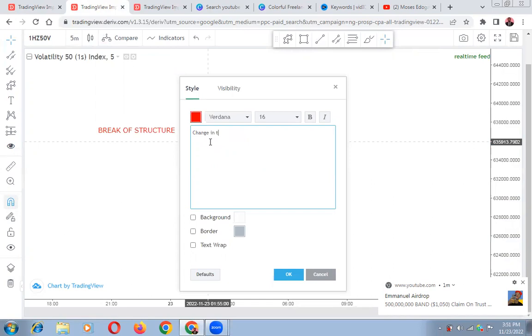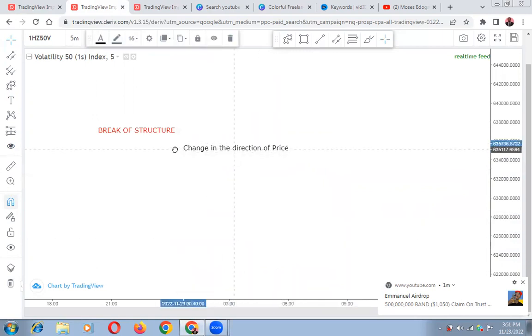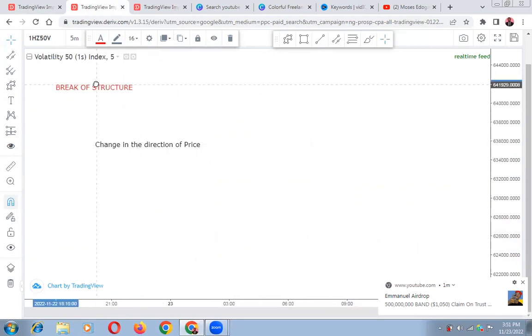Change in direction. That's a break of structure. Very simple. Change in the direction of price. So we have break of structure.